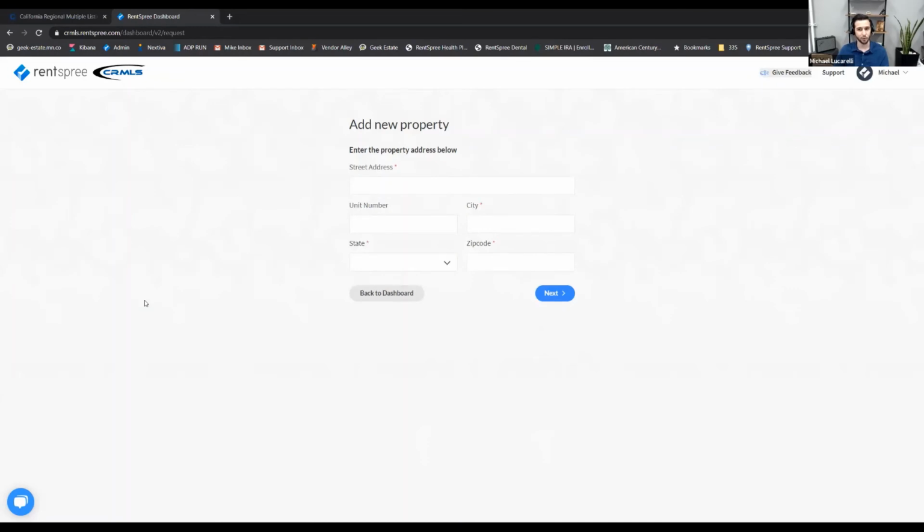And as I mentioned before, you can use Rentspree for screening regardless of which side of the transaction you're on. So obviously, if you're representing a listing or a landlord, it's pretty straightforward. You just enter the listing address here. Also, if you're representing the renter, you can enter the address that the renter might be interested in applying to, and then the applicant will also be able to apply to you.